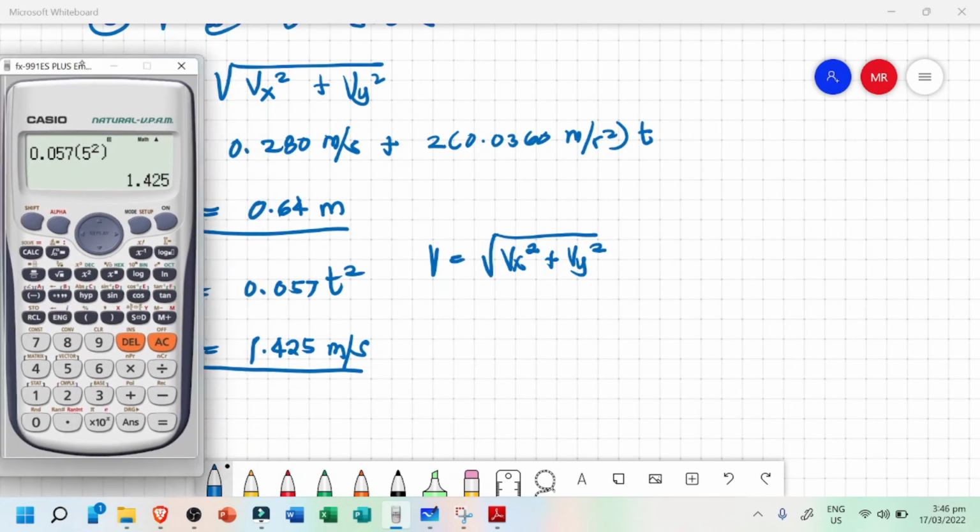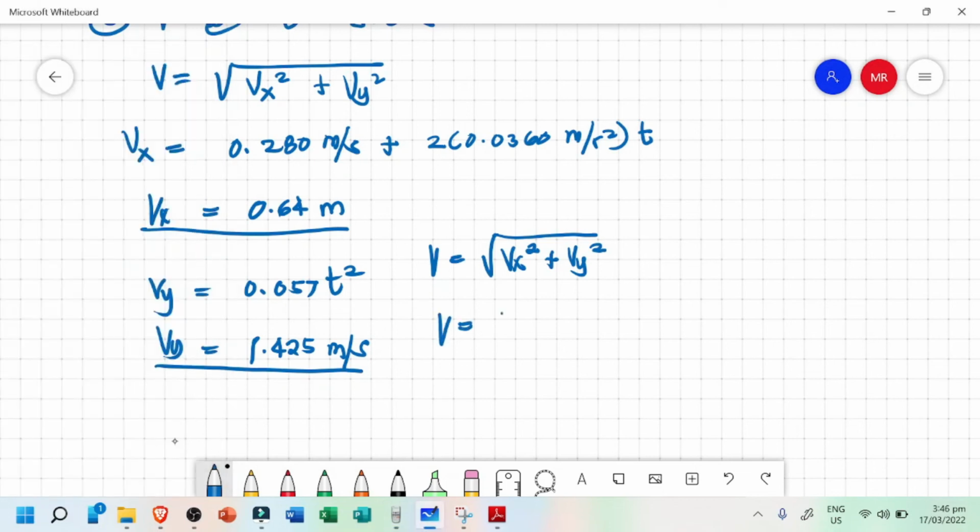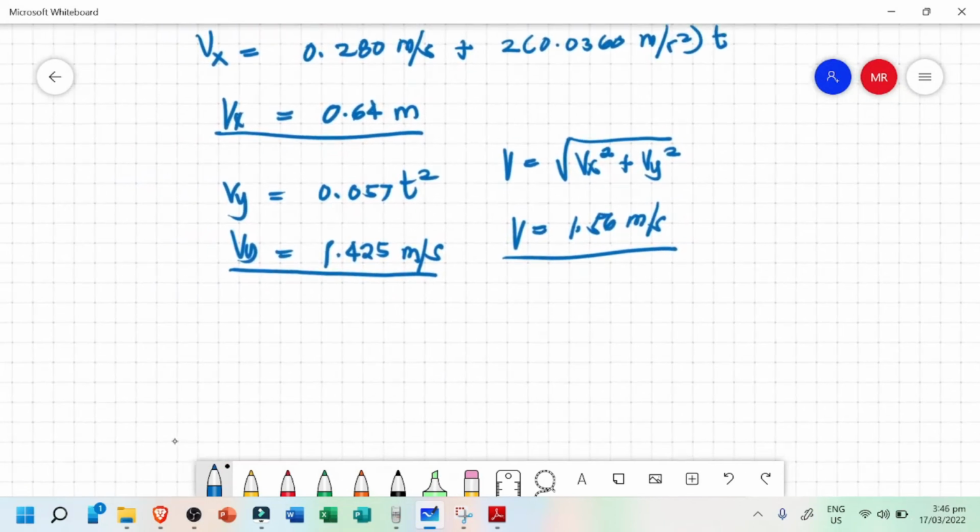The square root of 0.64 squared plus 1.425 squared. So the answer is 1.56. So the velocity is 1.56 meters per second. But this is not the final answer because we still need to get the direction.